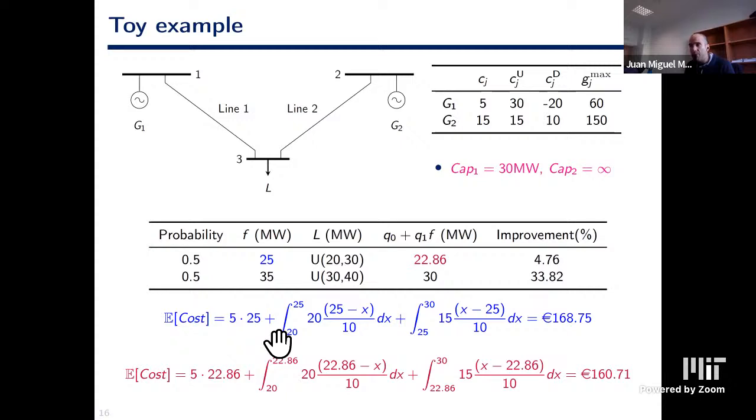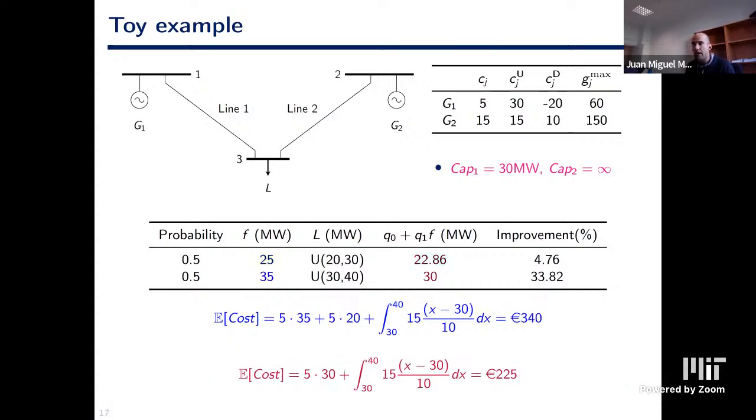This becomes even more evident in the second case, that is, when the point prediction is 35 megawatts. Since the capacity of line 1 is limited to 30 megawatts, it makes no sense to dispatch unit G1 at 35 megawatts, because we are going to have to down-regulate it in real time because of the limitation imposed by line 1, and this is going to be very expensive.